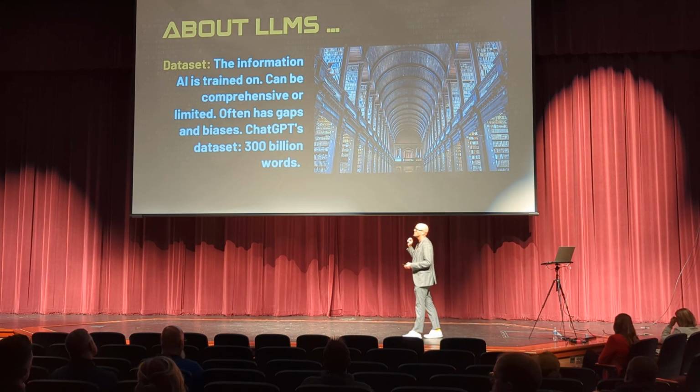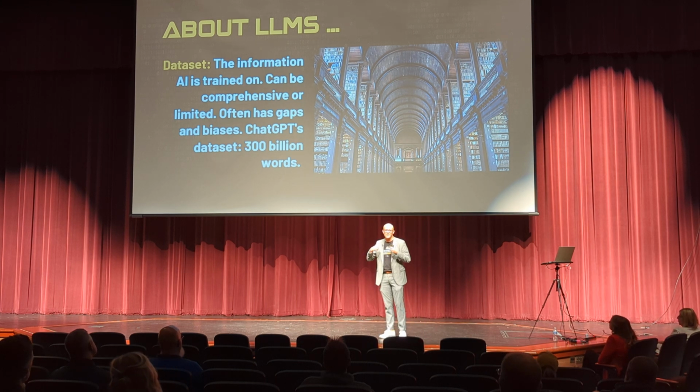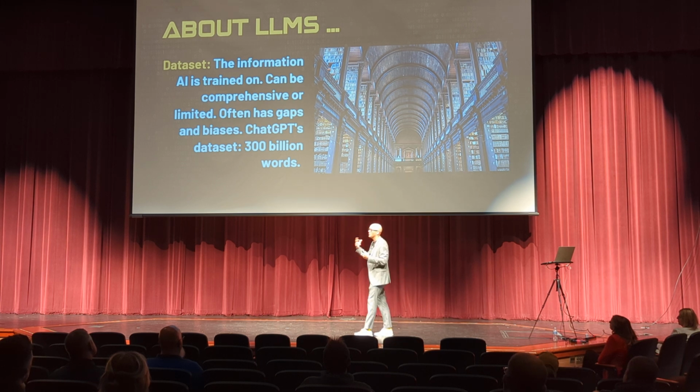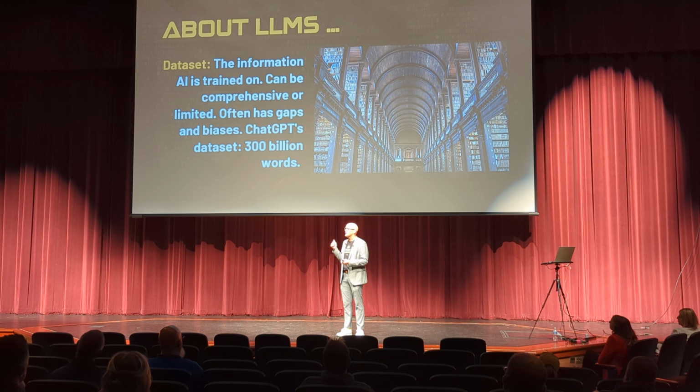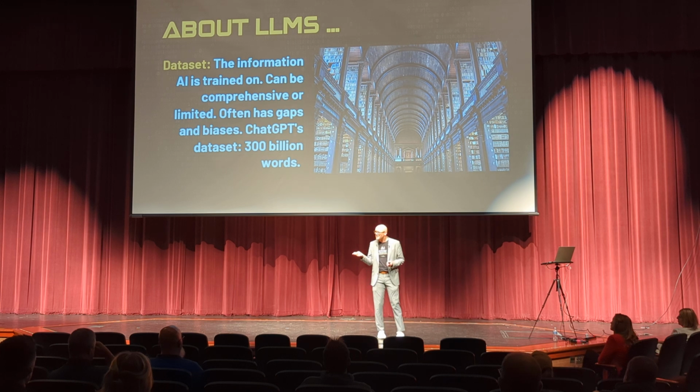Sometimes the government will release a whole bunch of documents as part of a legal proceeding, and sometimes it's pulling those in too. It's pulling in articles off of Wikipedia. It's pulling posts from Reddit.